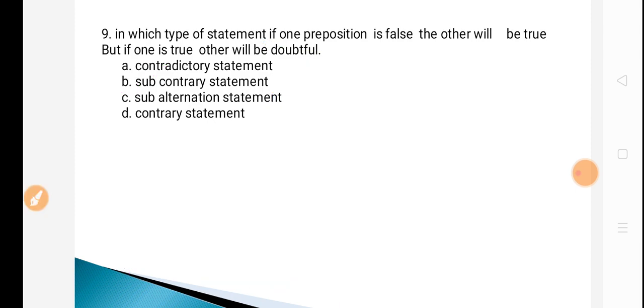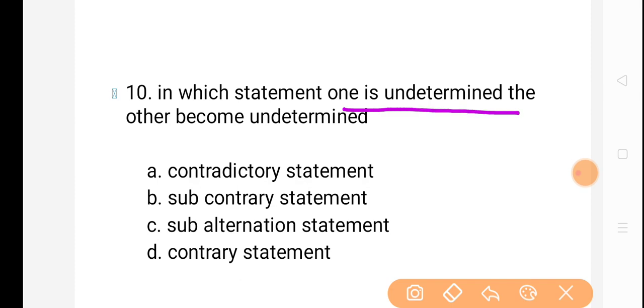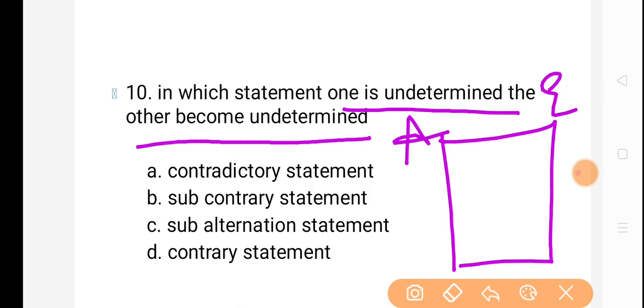So we are moving toward the last question, the tenth question. In which statement, if one is undetermined, the other will also be undetermined? I'm drawing the square box, though it's not actually a square box. Then A, E, I and O. My drawing is so weak.